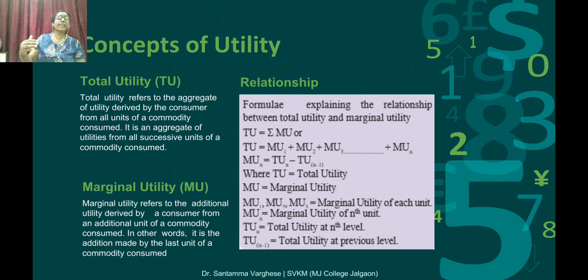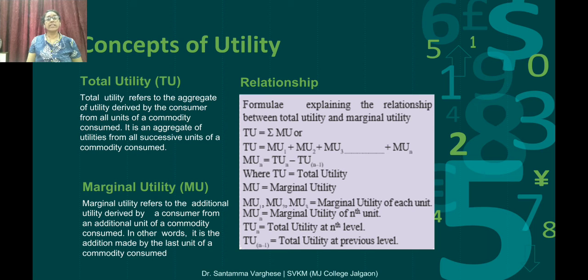In the first part, we studied the definition and features of utility, followed by the different types of utility. Now, the concept of utility means how can we calculate utility in a particular way, how can we arrange it, and how can we understand more properly how useful a particular commodity is to us. So to study that, we are going to study the concept of utility.